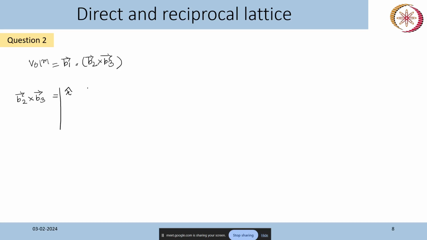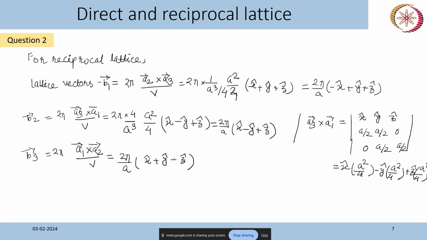Determinant: x cap, y cap, z cap, and for B2, let's take 2 pi by a as common, since it was common in all the expressions, right?